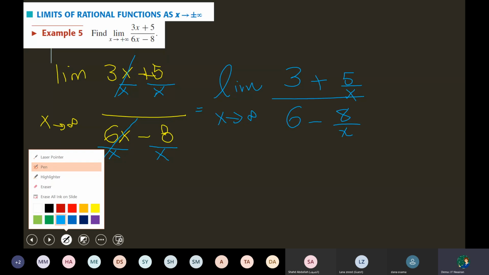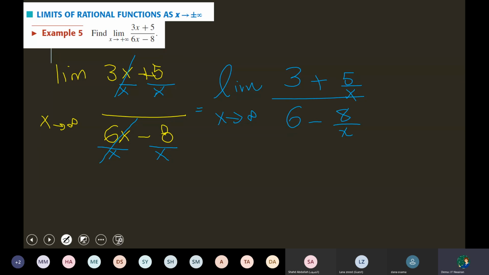I divide by x, then simplify. It will be 3, because x cancels x, plus 5 over x, over 6 minus 8 over x.